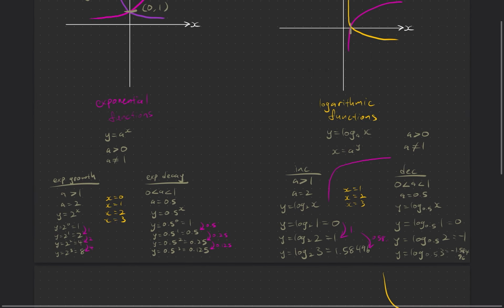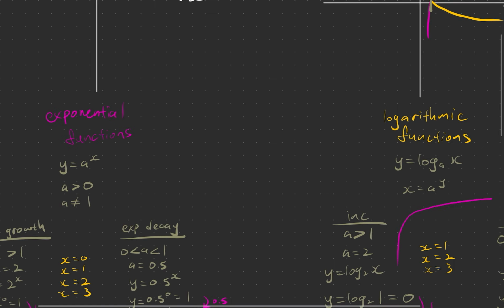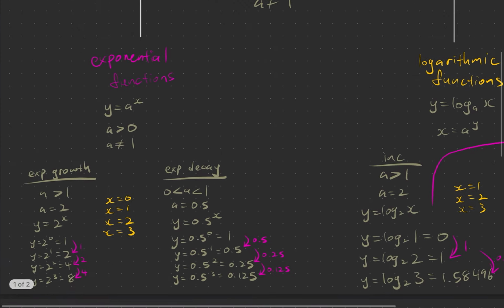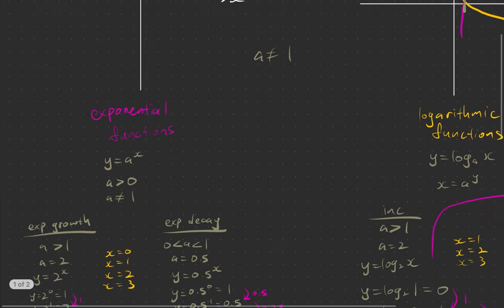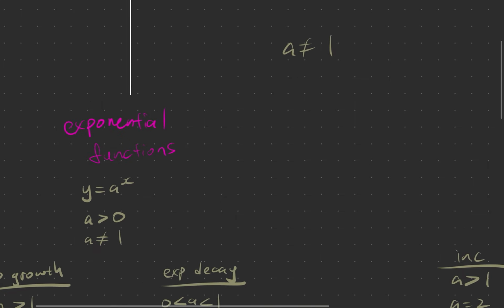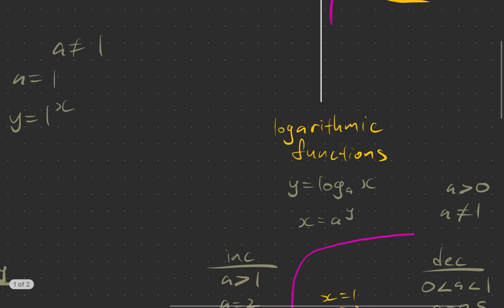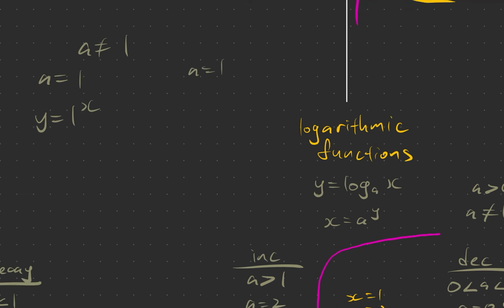Alright? The last thing I want to cover for today's video is why a cannot equal 1. So for the exponential functions, let's do that first. If I substitute a equals 1, I'll end up getting y equals 1 to the power of x. Then for the logarithmic functions, if I substitute a equals 1, I'll end up getting y equals log base 1 of x.